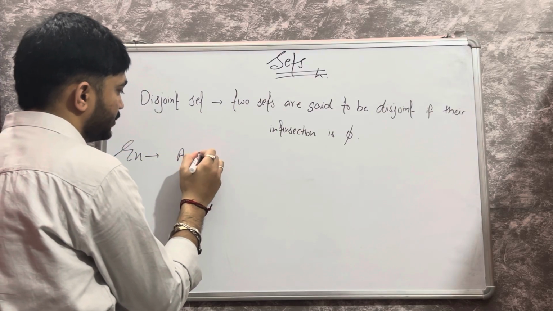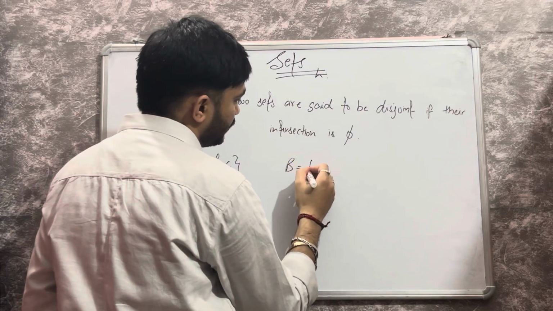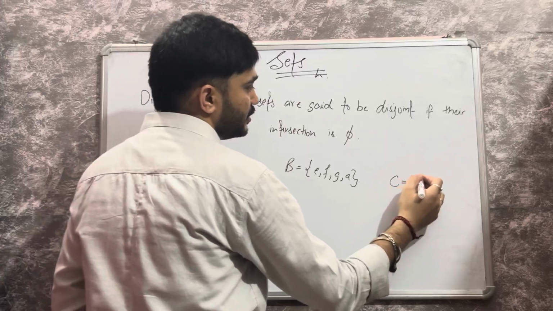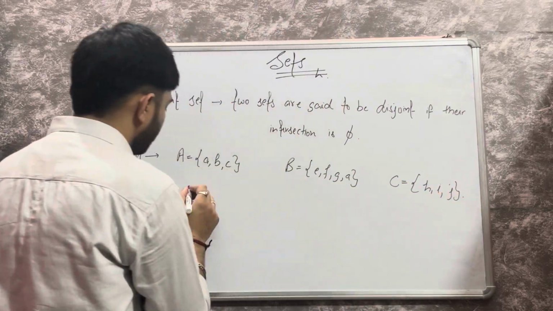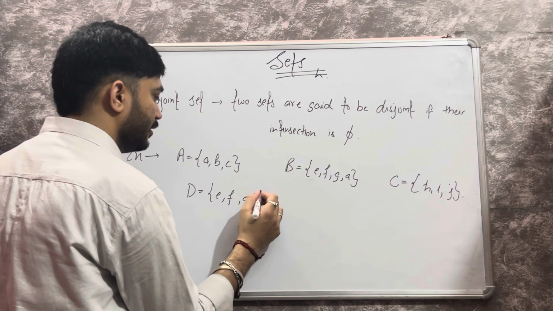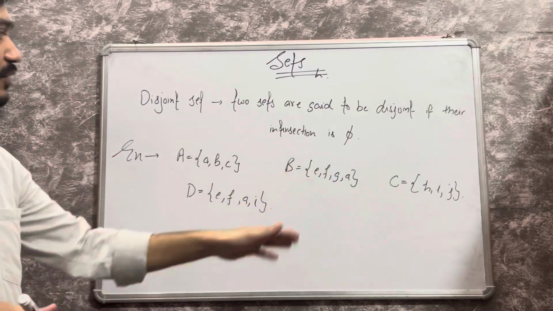That is, if A is equal to {a, b, c}, B is equal to {e, f, g, a}, C is equal to {h, i, j}, D is equal to {e, f, a, i}. Find the disjoint sets among them.